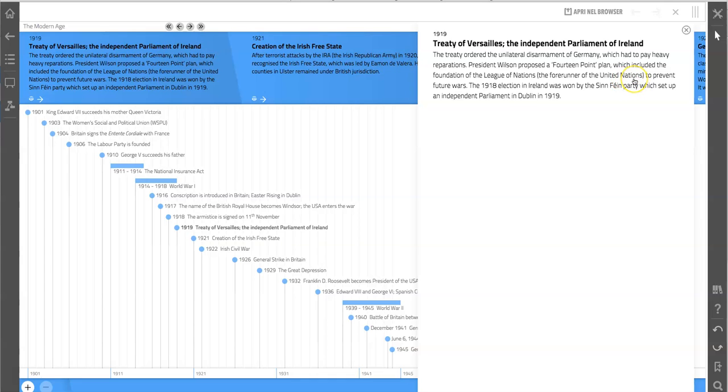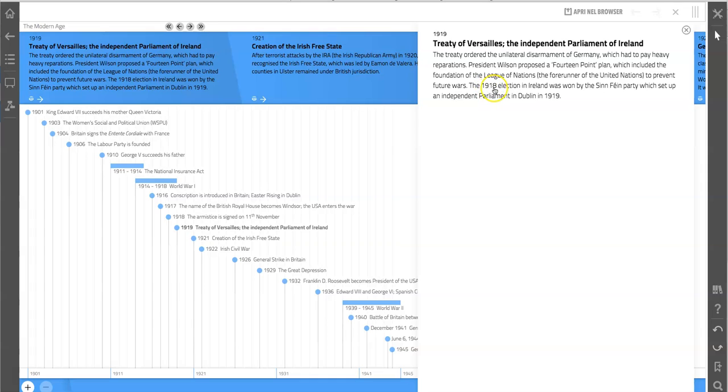President Wilson was the American president. And this League of Nations had the task to prevent future wars.